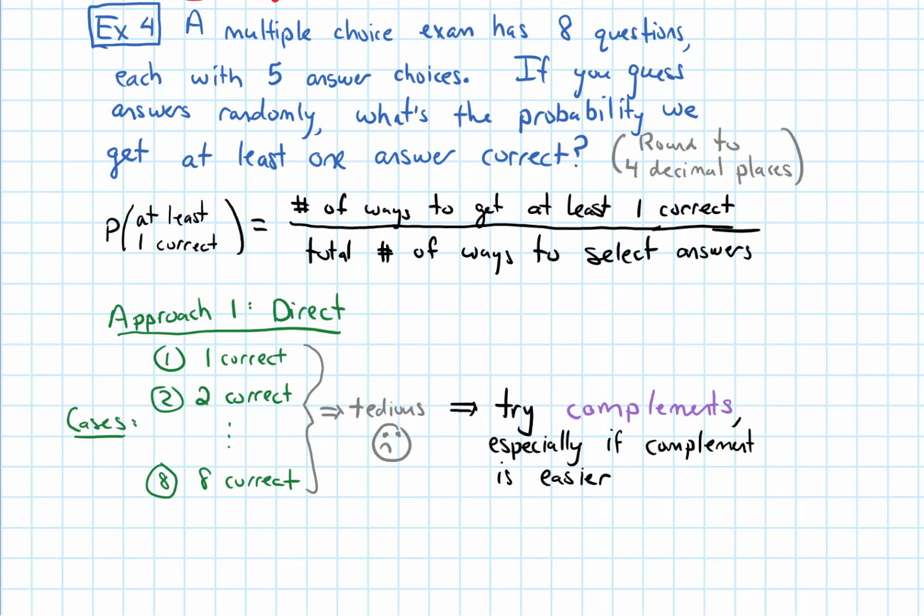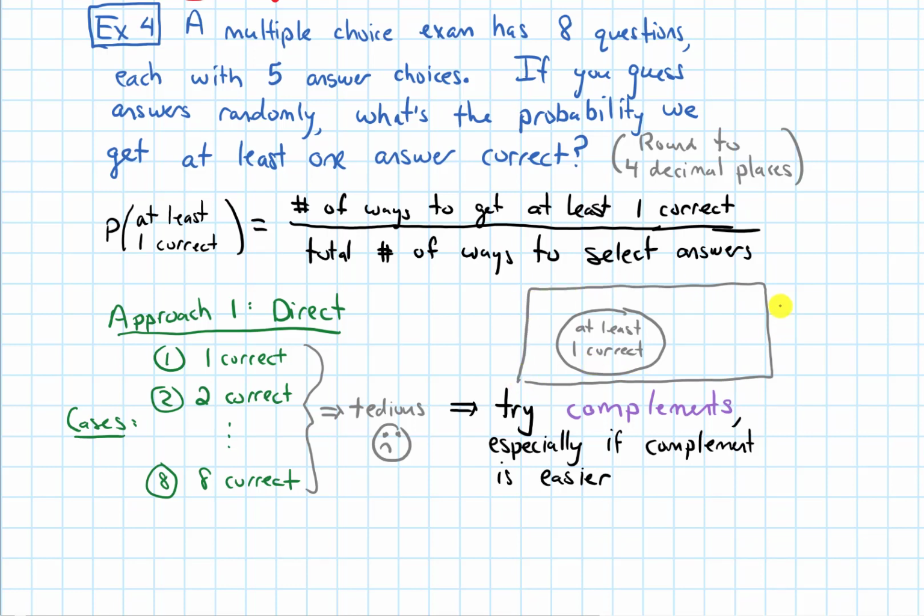So I'm going to visualize the complement by drawing a Venn diagram. I'm going to draw a circle for the set that we care about, which is getting at least one answer choice correct. And I'm going to draw that in some universal set. So I'm going to call this U. And my universal set of all outcomes is just the set of all selections of answers.